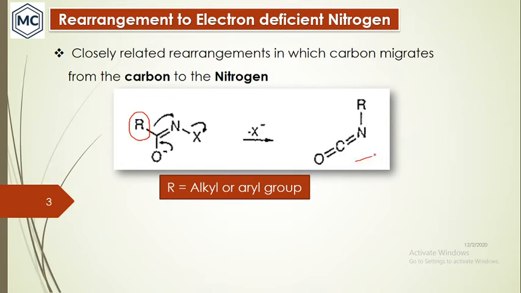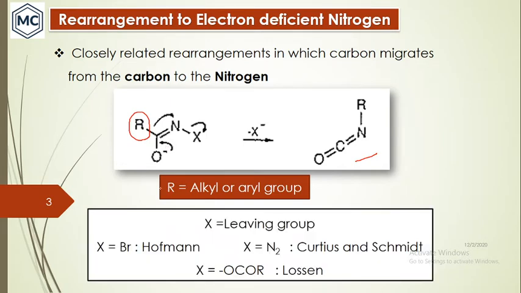This is the structure of isocyanate. R migrates to the nitrogen, the double bond is retained, and there will be a CO pi double bond, right? Isocyanate. R can be an alkyl or aryl group.